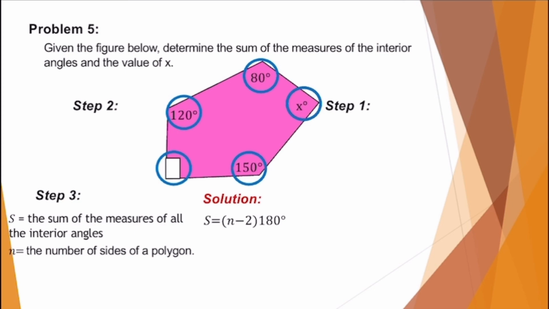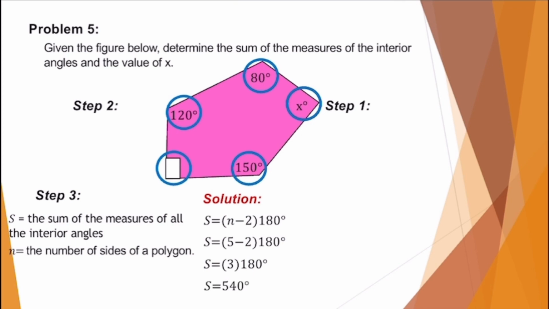So S is equal to N minus 2 times 180 degrees. Let's substitute the value, which is 5, because the given figure in our problem is a pentagon. So we will have S is equal to 5 minus 2 times 180 degrees. After we substitute, let's simplify. So we have now 540 degrees.